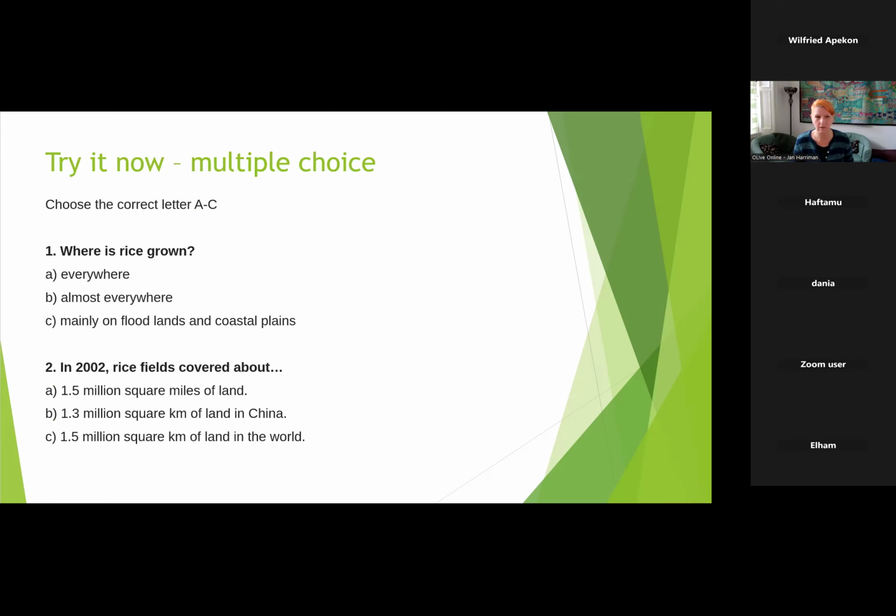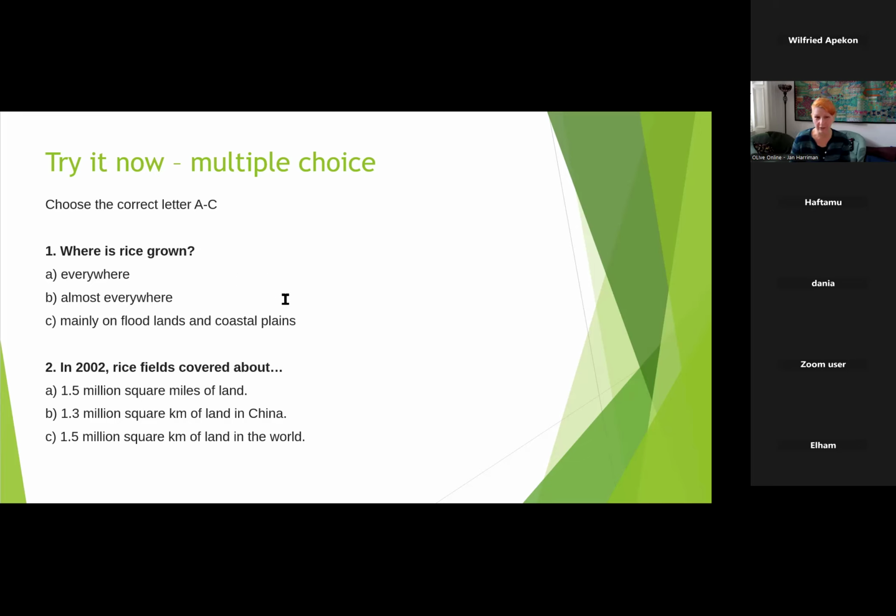Great. So, here are 2 multiple choice questions. The first one, and these are the 2 styles of multiple choice questions that you usually get. The first one is a straight question. Where is rice grown? Interesting. And what are our possible answers?